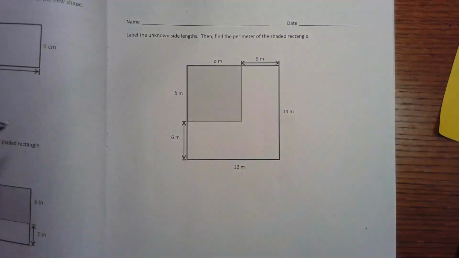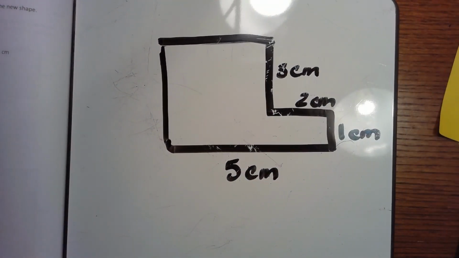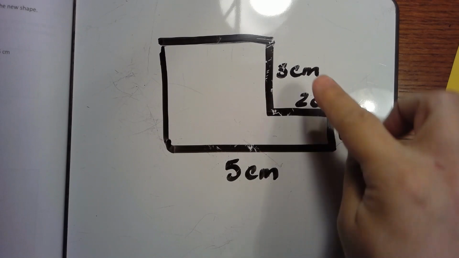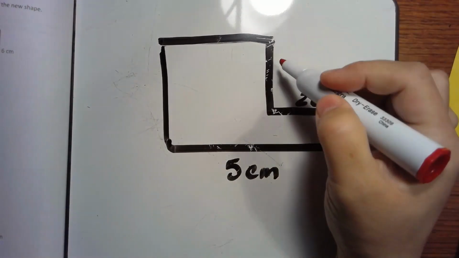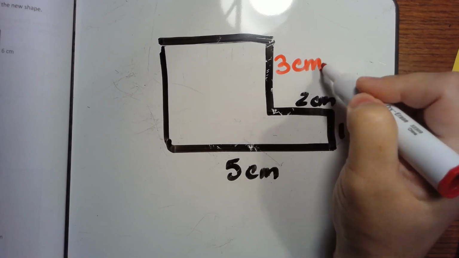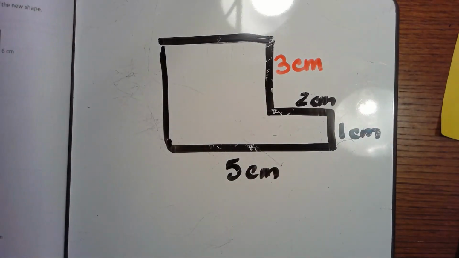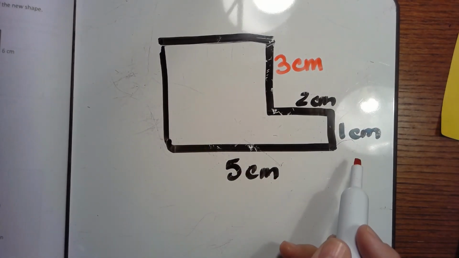Let's try it with a different problem. Oh, looks like some of my numbers got erased, so I'll just rewrite that for you. Okay, so here we have a shape, a polygon with more lengths labeled.